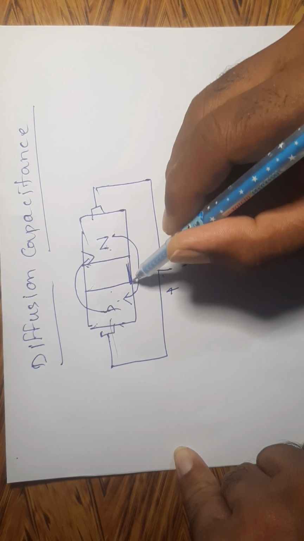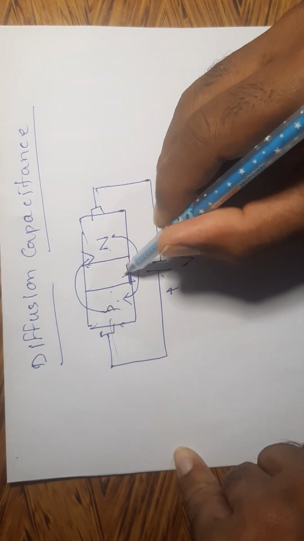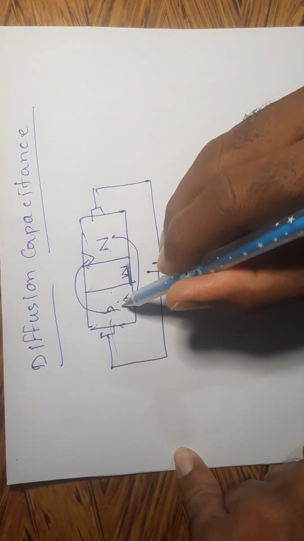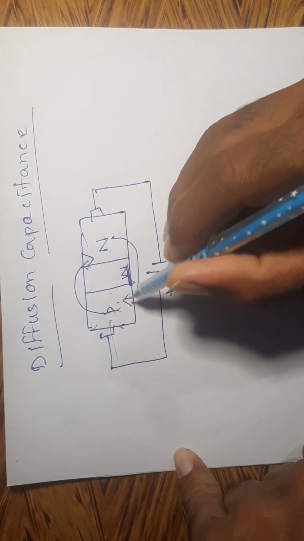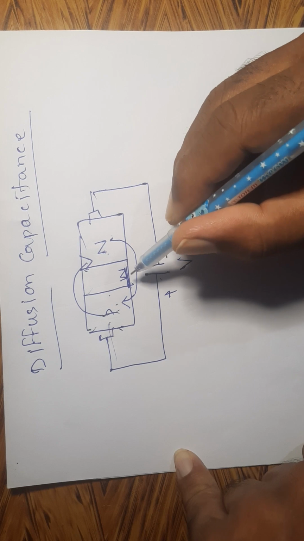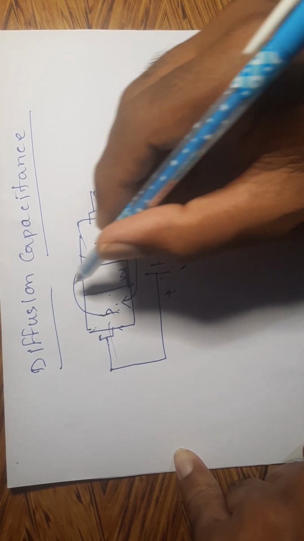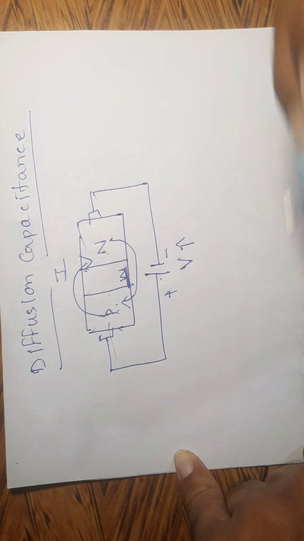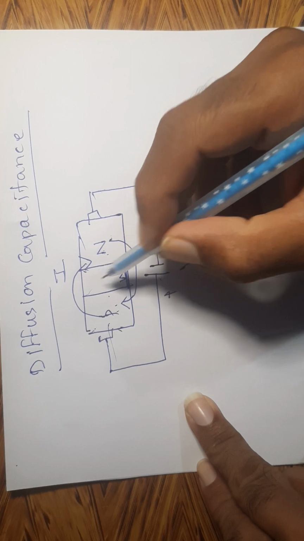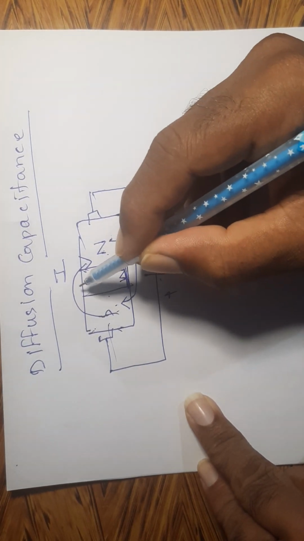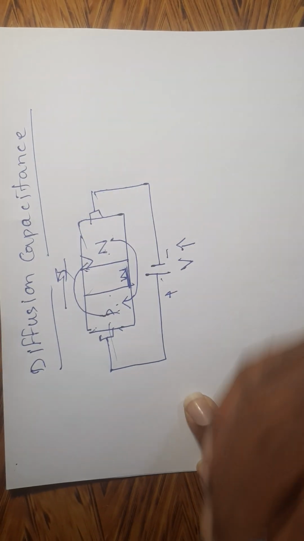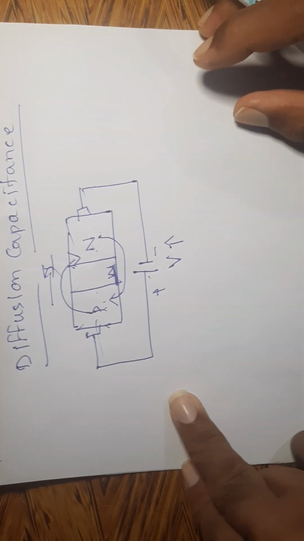This width is the depletion layer, represented by W. When the applied voltage increases, the holes and electrons move across the junction, and the width decreases, that is, the depletion layer decreases. So current will flow. Whenever forward voltage is applied, the depletion layer becomes narrow, and current flows very freely. That is the concept behind diffusion capacitance.